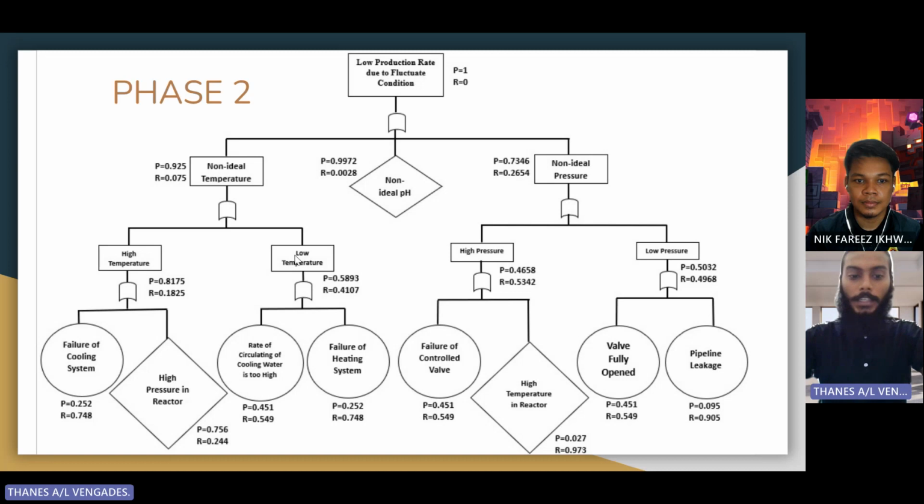Meanwhile, low temperature can cause the rate of circulating cooling water to become high and failure of heating system. At the non-ideal pressure, high pressure can cause the failure of control valve and rise of temperature in the reactor. For low pressure, the valve will be fully open and cause pipeline leakage.